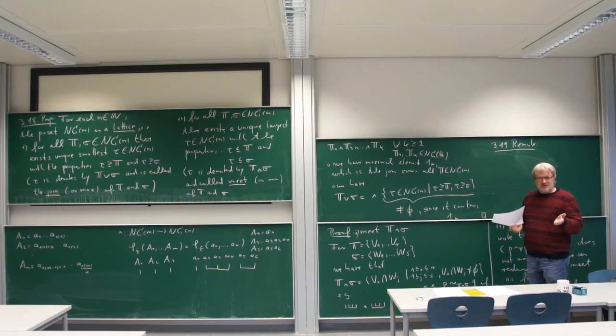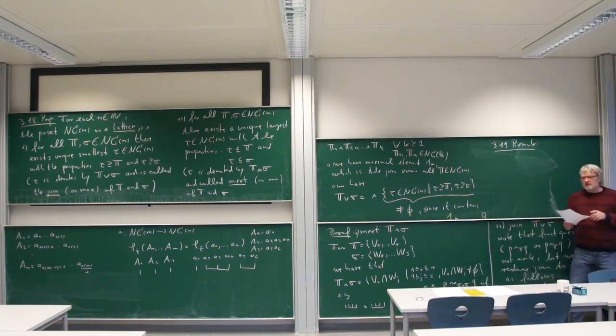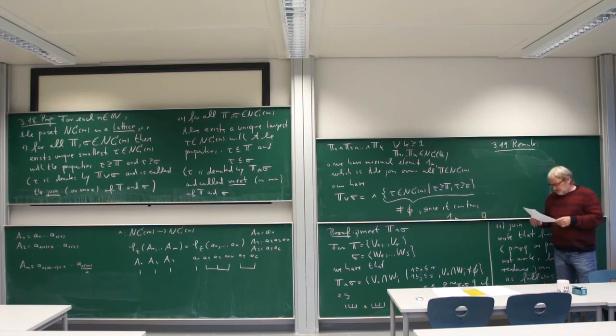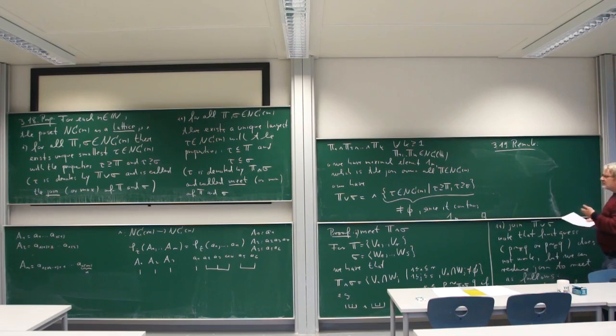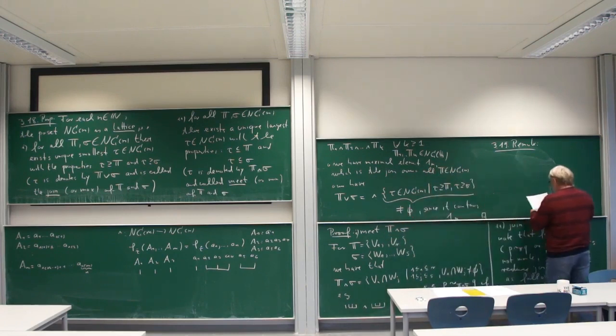For all partitions, we can also define the order, smaller or equal, and this is a poset, and again, it turns out that this is also a lattice. And for the meet, it is the same, whether you consider it in all partitions or in the non-crossing partitions. But for the join, this is not the case. This also shows you that the situation is not so symmetric.